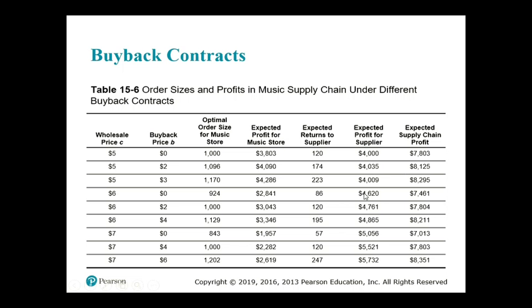Okay, so as the supply chain, we would like to pick the combination that maximizes supply chain profit. But in contract design, this is out of the scope in this class, but I just want to mention that you also want to make sure that both companies are better off than they originally are, so that they actually want to participate in this contract. Okay.